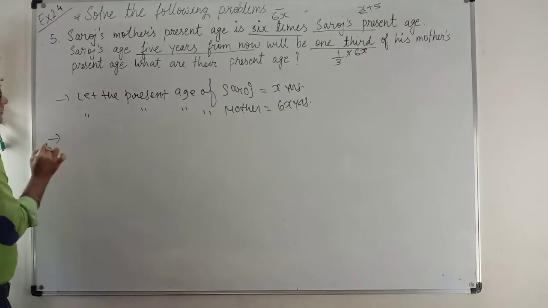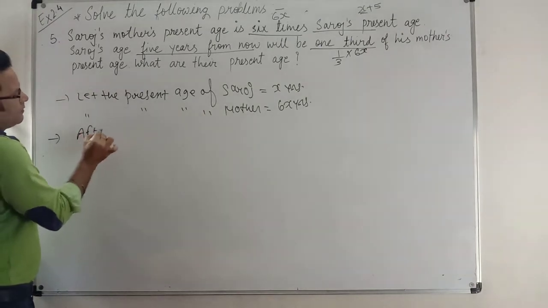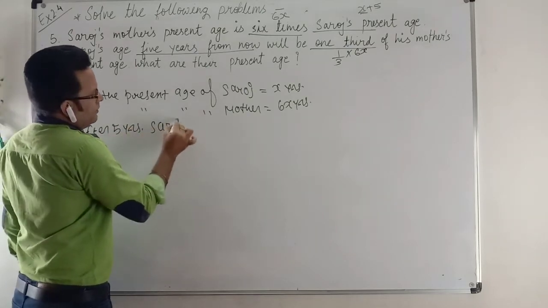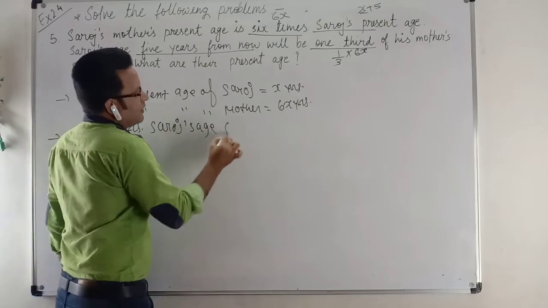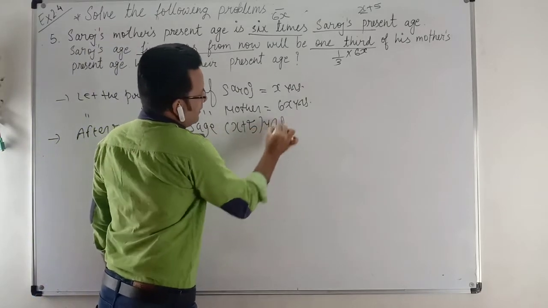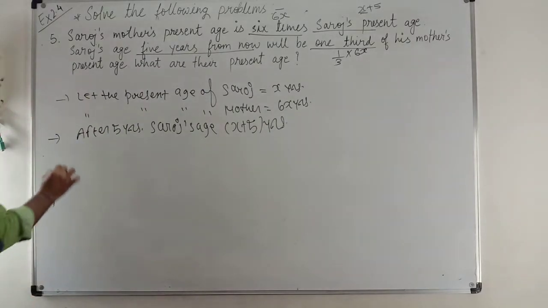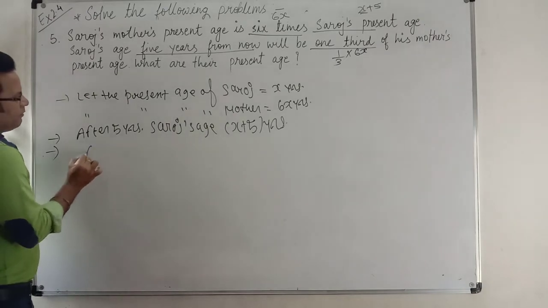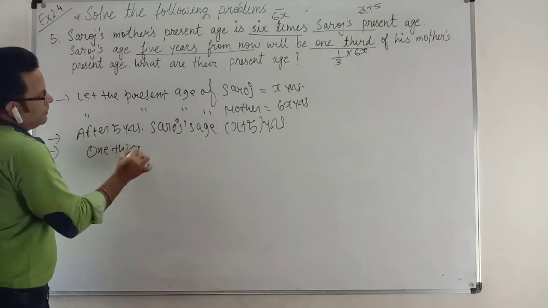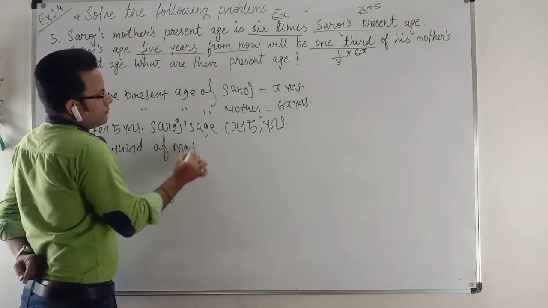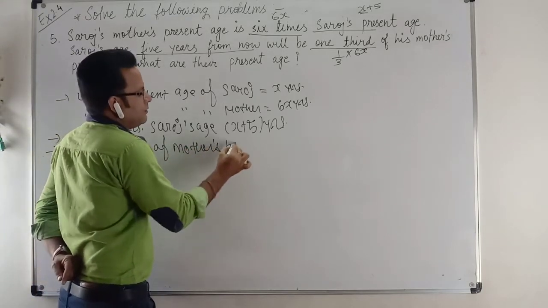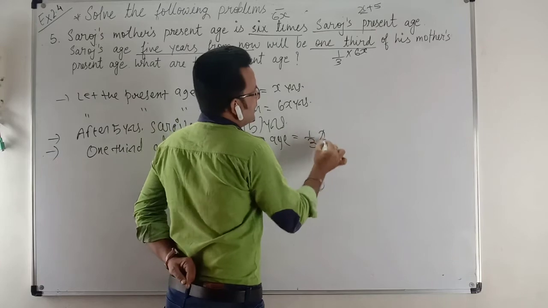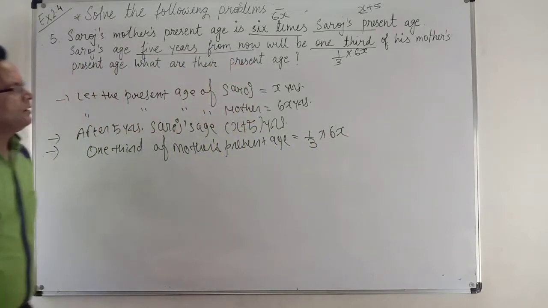Now, after 5 years, Saroj's age will be x plus 5 years. Okay? And 1/3 of his mother's present age, 1/3 of mother's present age is equal to 1/3 into 6x.